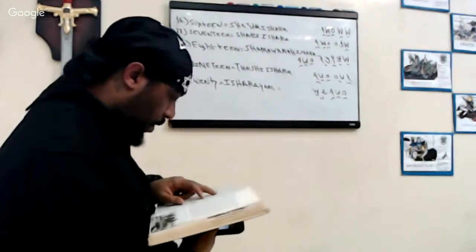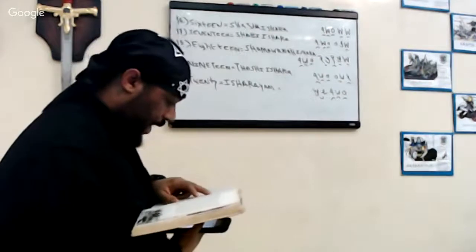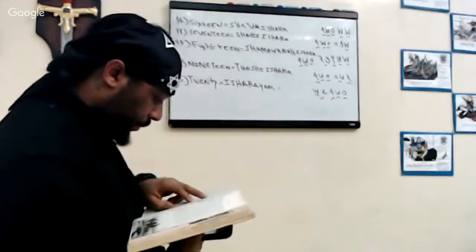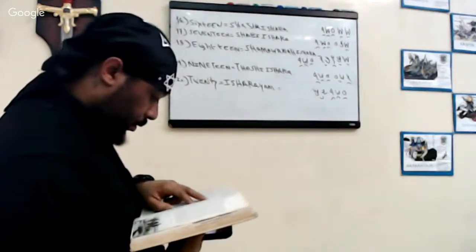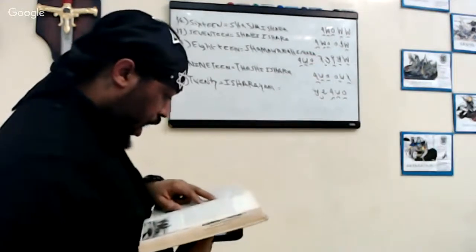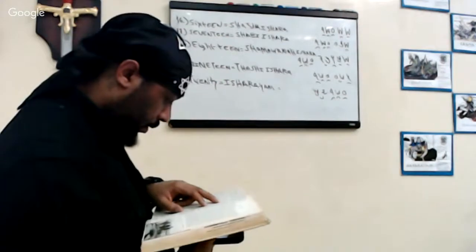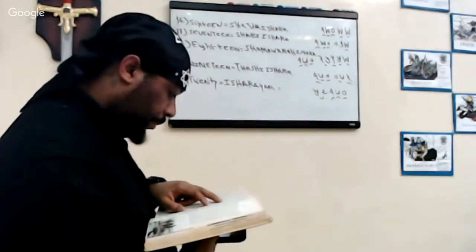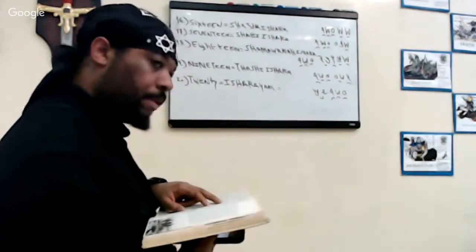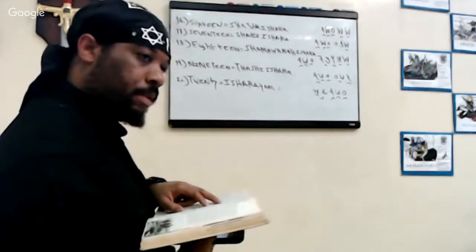Read from the top again for me. "The Hebrews in ancient times," so our people in ancient times, right? "Use a common decimal system." Who knows what a decimal is? A decimal is when you break it down. Okay, Joel, a period.